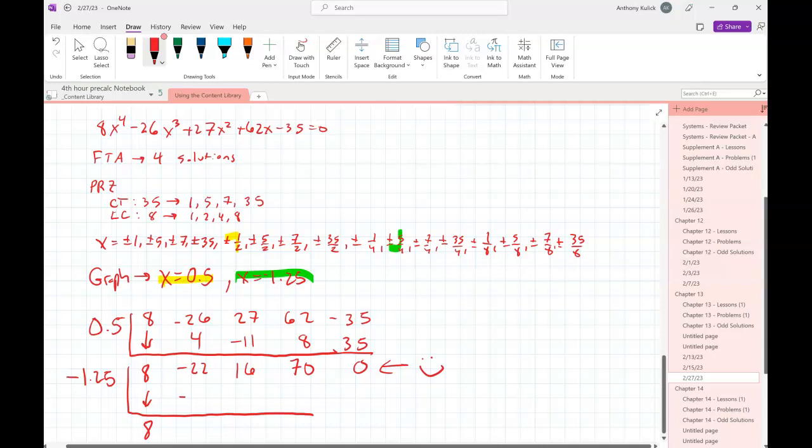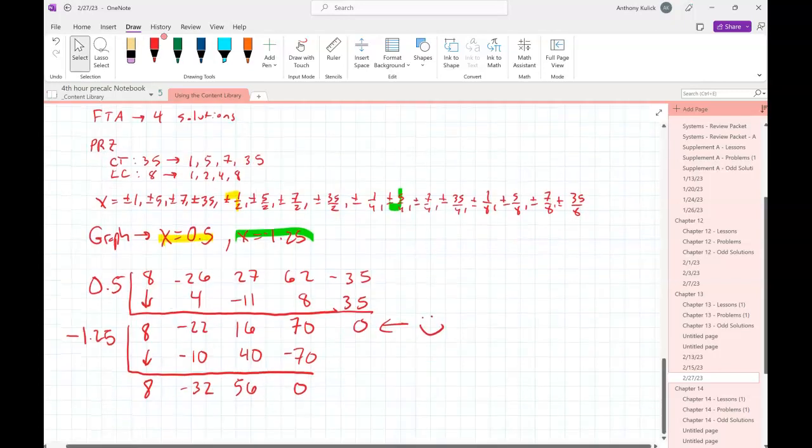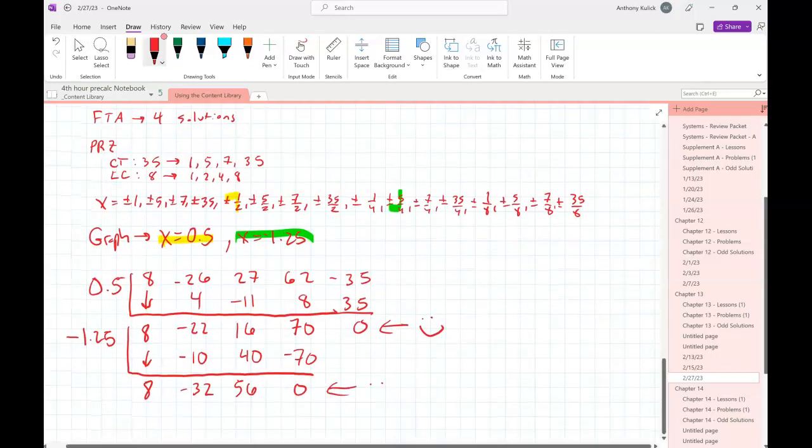Negative 10, and then that's going to be 40. Sorry, positive 40. 56. And then that is negative 70. Okay. So that worked.